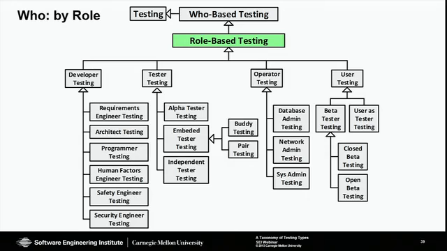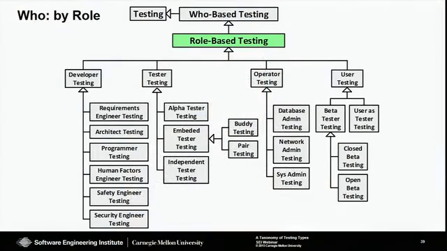You have higher level people like requirements engineers and architects and designers who might be testing executable models that they produce. You also have a lot of specialty engineering testing being done by specialty engineers: safety, security, reliability, robustness, human factors, people doing usability testing.